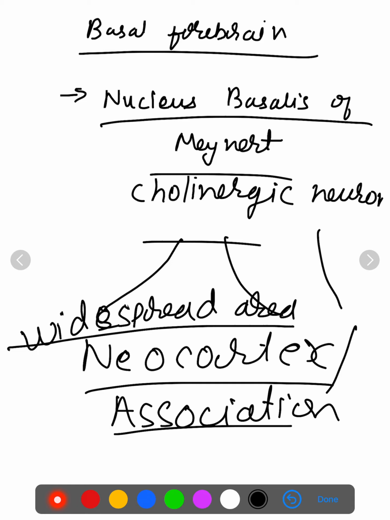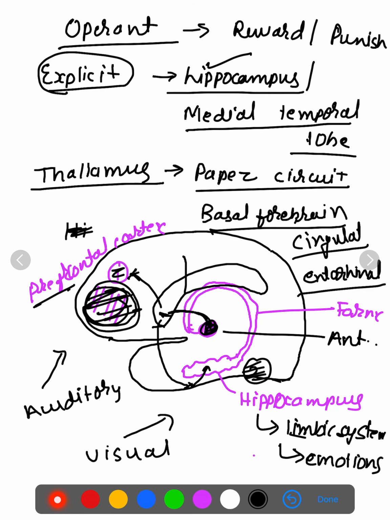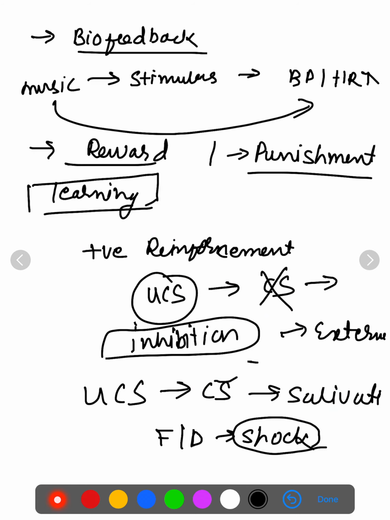That is how anterograde amnesia occurs. In anterograde amnesia, you will not be able to learn new things. You may learn, but after some time the information will not go to the neocortex, so consolidation will not occur. So the hippocampus and temporal lobe play a role in explicit memory through this mechanism.